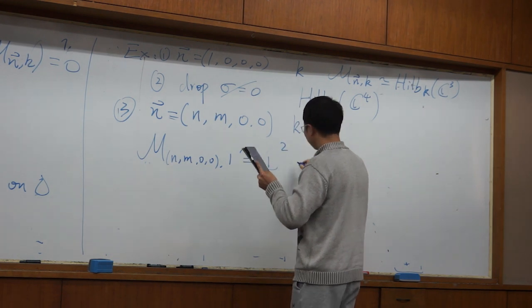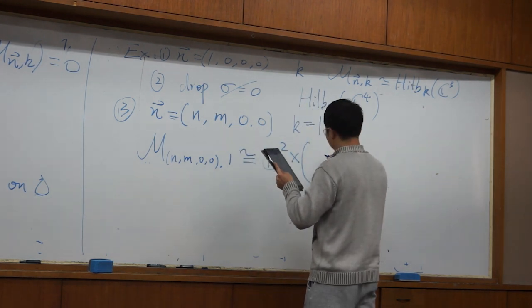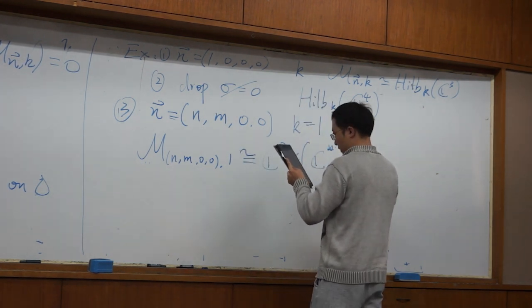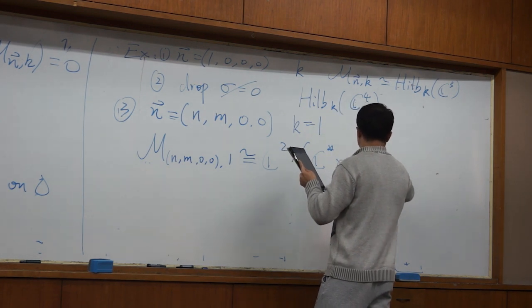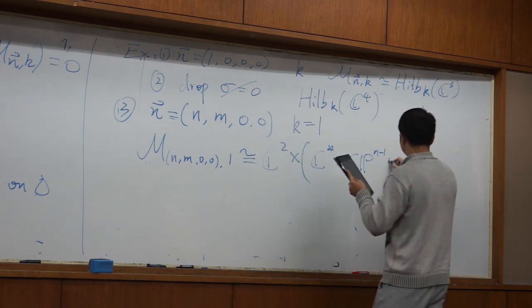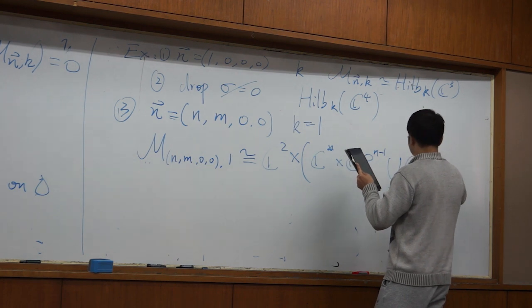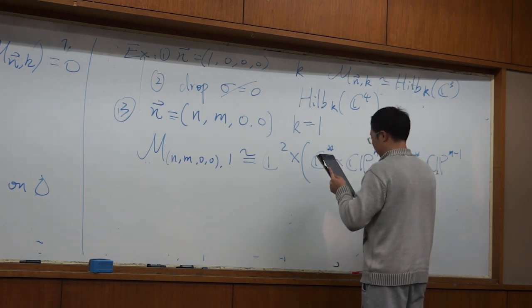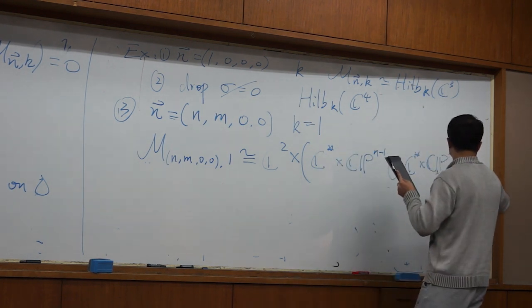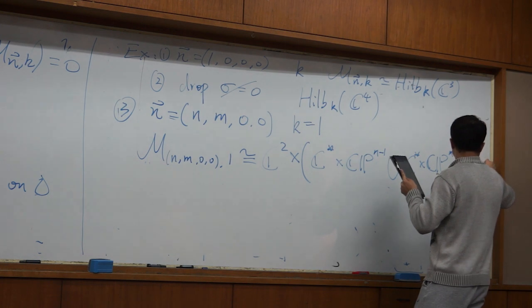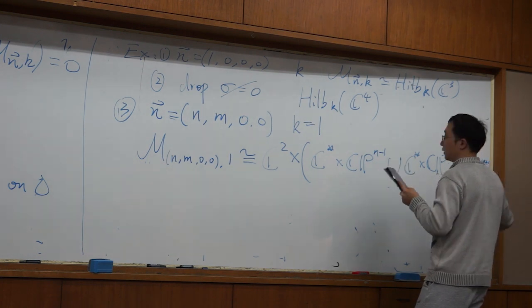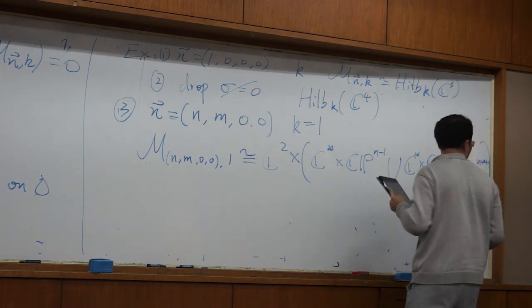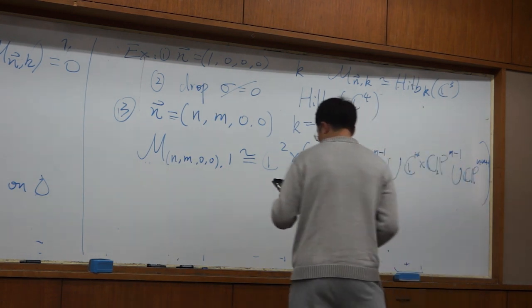C^2 times C star times CP^(n-1) union C star times CP^(m-1), then union CP^(n+m-1).